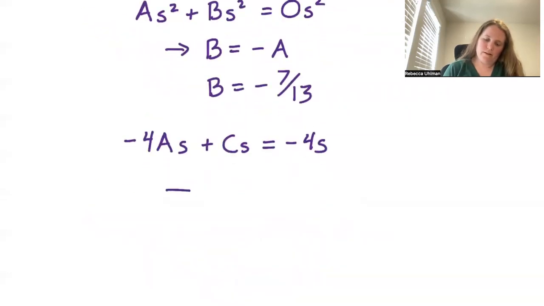And so we get that c minus 4A is the coefficient on the left, should be equal to negative 4. So c is equal to negative 4 plus 4A, or negative 4 plus 4 times 7/13.